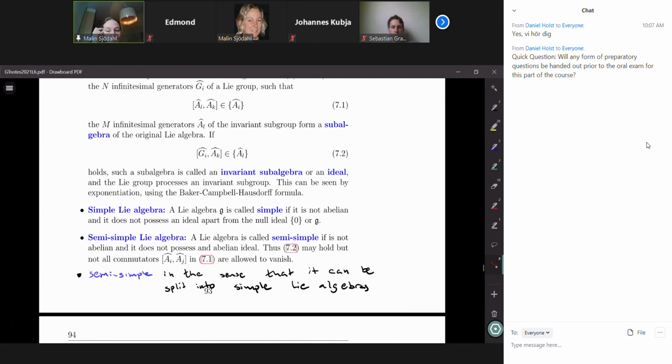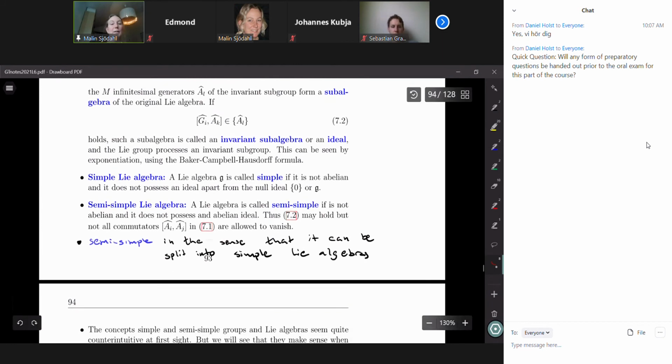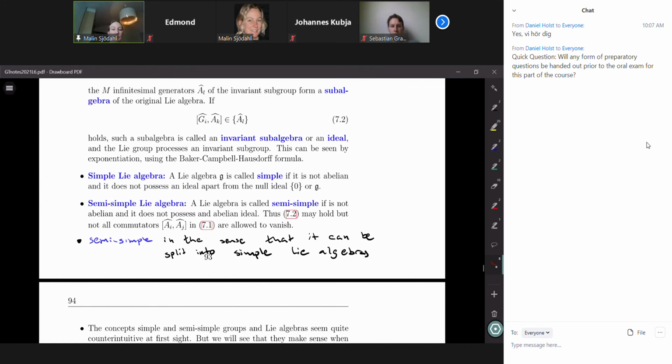And this is then semi-simple in the sense that it can be split into simple Lie algebras. So semi-simple groups can be split into simple groups, and in this way they are halfway simple, so semi-simple. And semi-simple Lie algebras can be split into simple Lie algebras, so in this way they are halfway simple, so semi-simple.